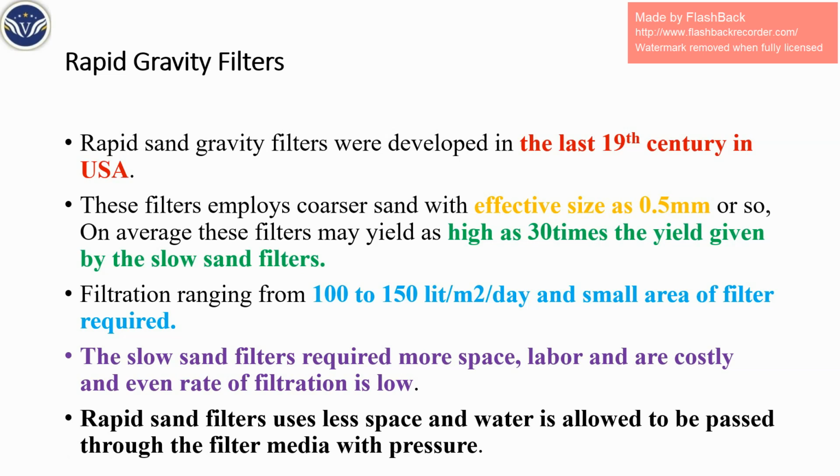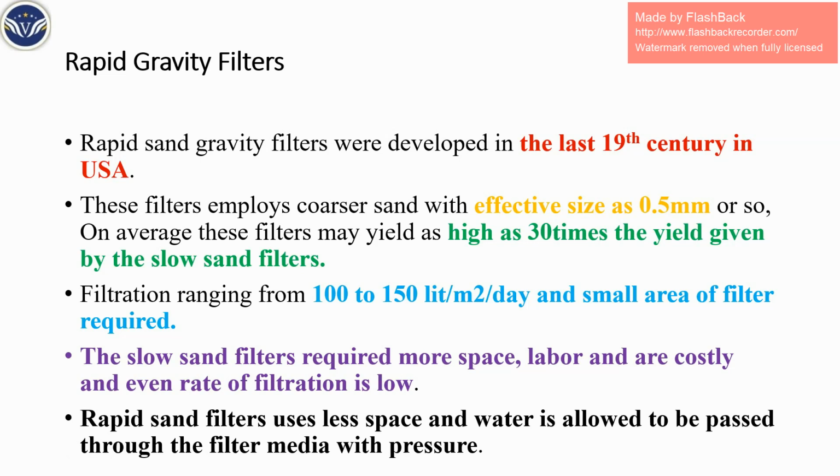Then we compare with respect to a slow sand filter. The slow sand filter requires a large space. It is manual, meaning the cleaning and control are more laborious. These are sometimes costly, because acquiring land in a city area is too costly.